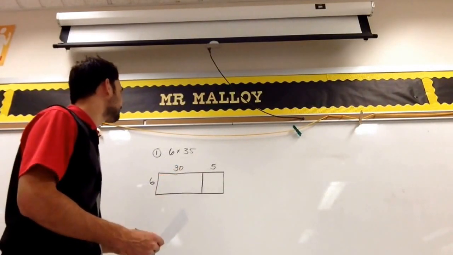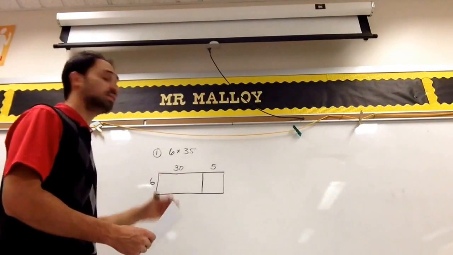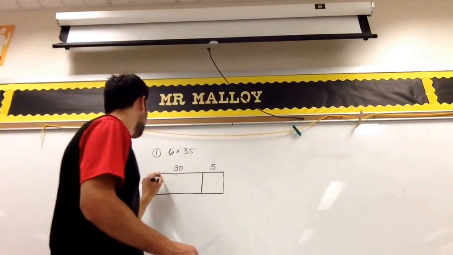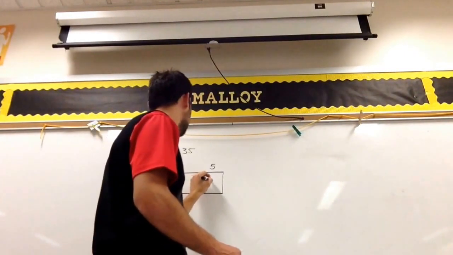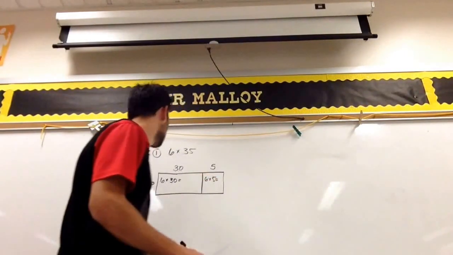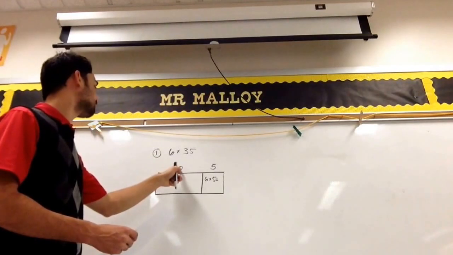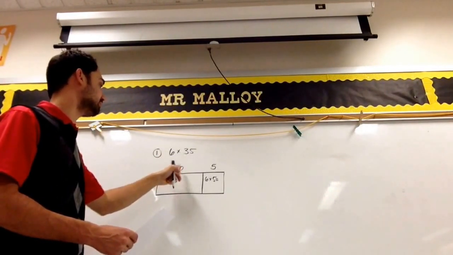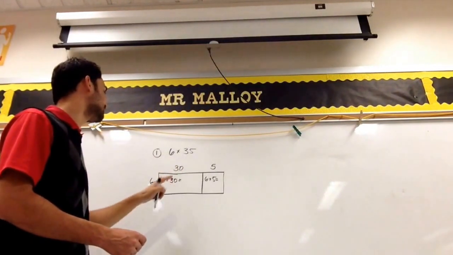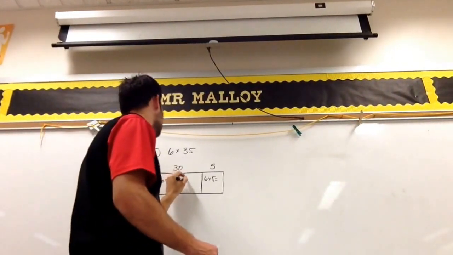a 6 by 5. Okay? And then we just do the math. 6 times 30 equals, and then 6 times 5 equals. Nice thing is, we're using the powers of 10, so I can use those mental math strategies now to do this. So 6 times 3 is 18, put the 0 on, that's 180.